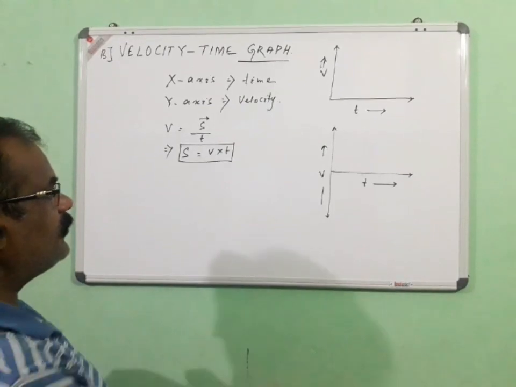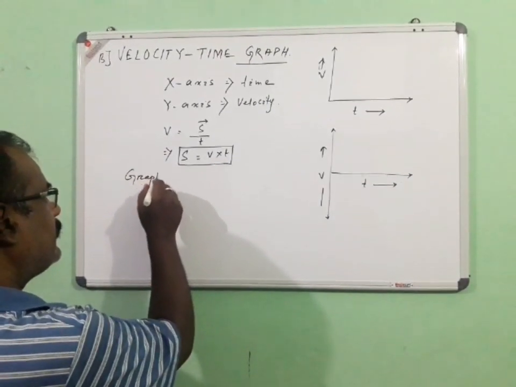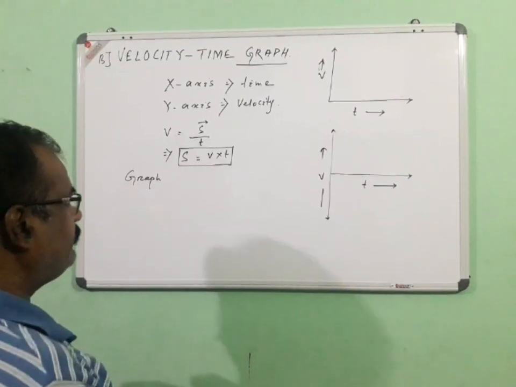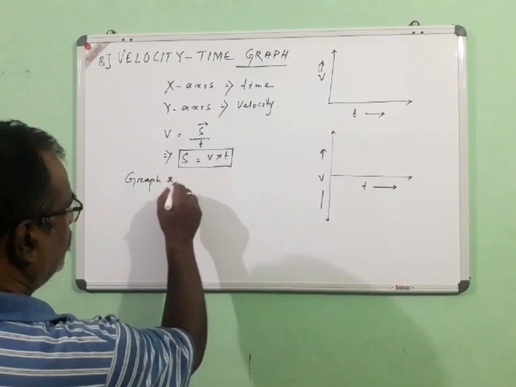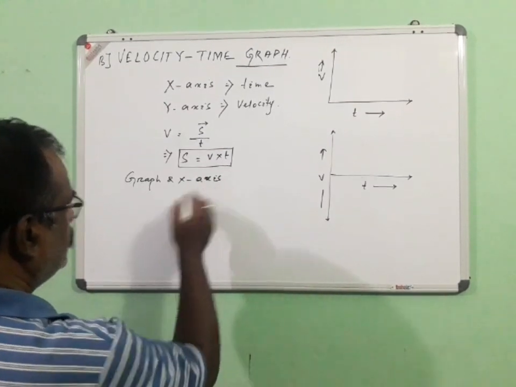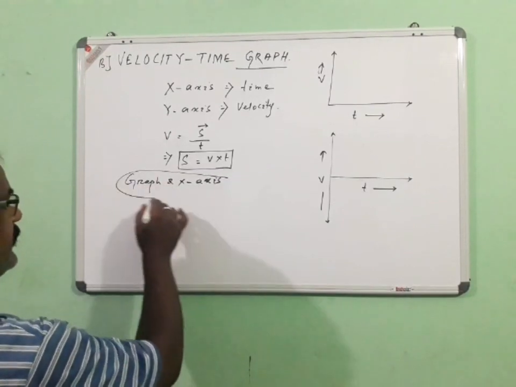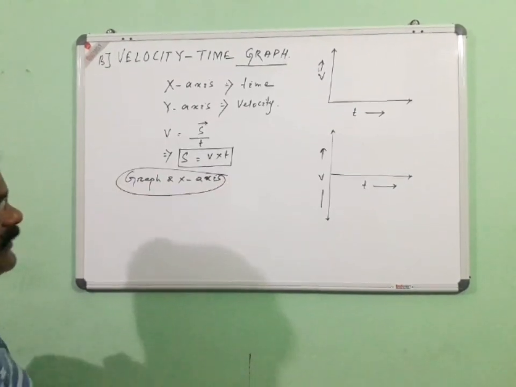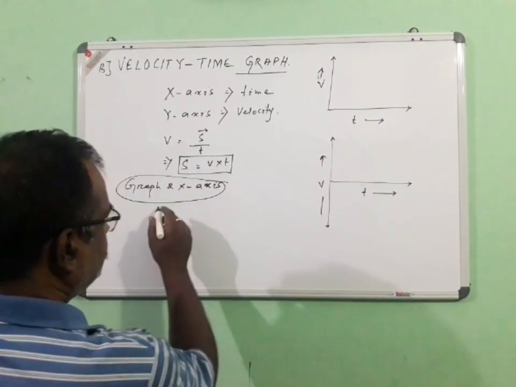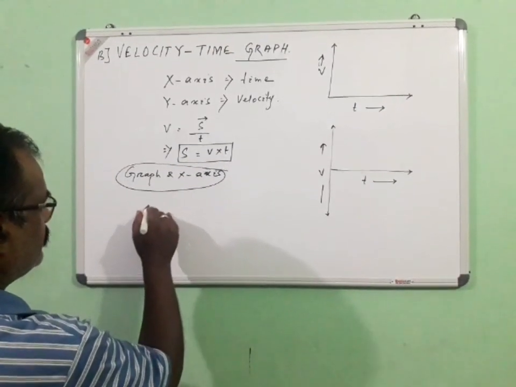So whichever graph we get, if we see the area enclosed by the plotted graph and the x-axis, that represents the displacement in case of a velocity time graph, remember.